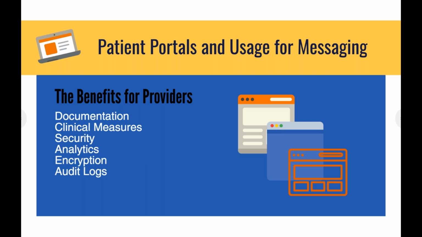Security and analytics, though, are huge. Security goes back to that encryption. Your electronic health record systems all have to do their own risk assessments at a minimum of once per year. In addition to the risk assessments that you are responsible for doing, this really is going to help in covering any vulnerabilities or gaps.